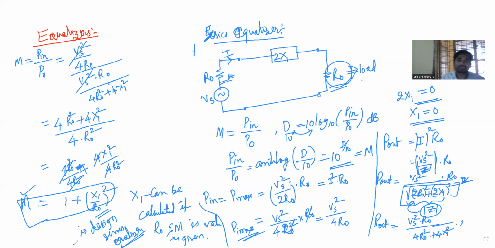Therefore, here a series equalizer is an electronic circuit which exhibits a non-uniform attenuation or phase delay with a variation in frequency. So an equalizer network is added to the main network to achieve an overall uniform response over the entire working frequency range. And it is very important. Why?